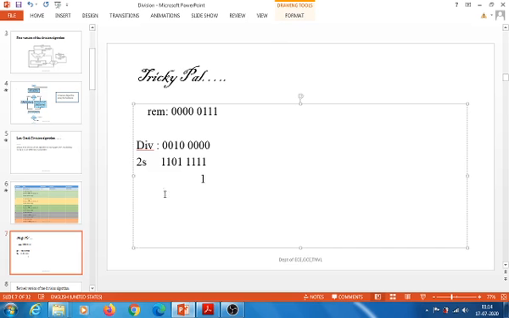So if I add here, 1 plus 1 is 0, it carries 1 again, and 1 plus 1 is 0 with a carry each time, and again here it will be 1, and again it is 1, and again it is 1. Okay, so it should align like this.